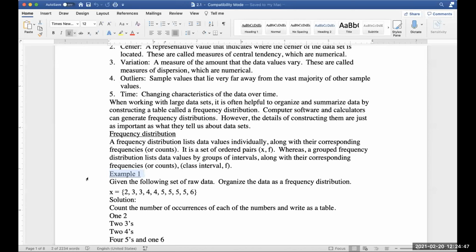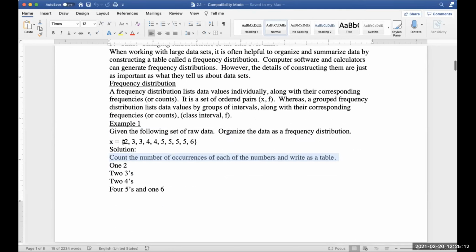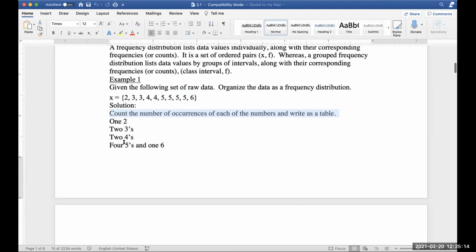Given the following set of raw data, organize the data as a frequency distribution. I have here the following set of raw data: 2, 3, 3, 4, 4, 5, 5, 5, 5, 6. So first thing to do is let's try to organize this as a frequency distribution.